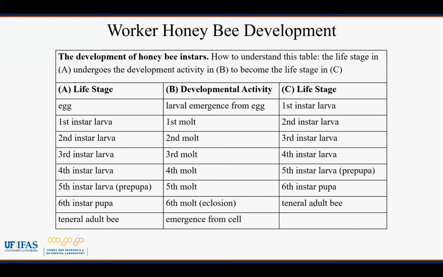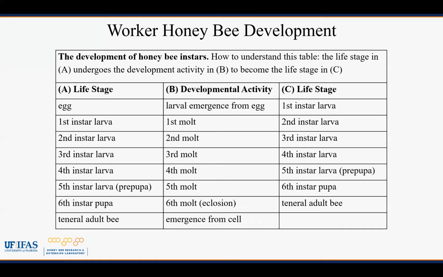What I'm just trying to do is set the stage for you to appreciate the marvel that is the worker honeybee. Now, I could be giving a similar talk for queens and drones. They undergo similar stages of development. But workers are fascinating because all of what you're seeing on this slide happens before the bee even emerges from its cell.